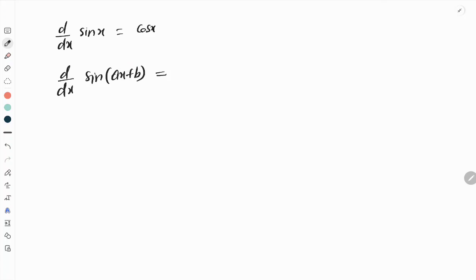Just keep in mind that it is like sine x, so its differentiation will be cos x, but x is not x, x is ax plus b. So whenever the formula is standard but x is not just x, take the differentiation in the similar way and again differentiate the inside, assuming it is x, ax plus b.